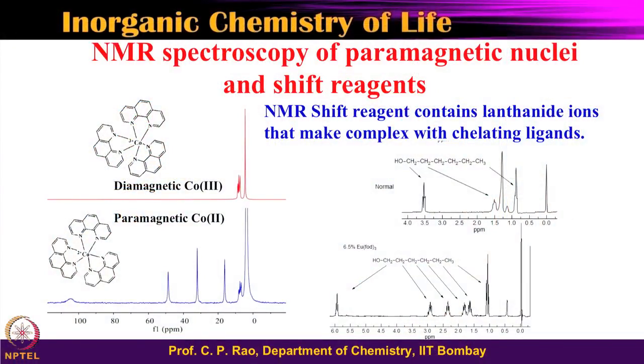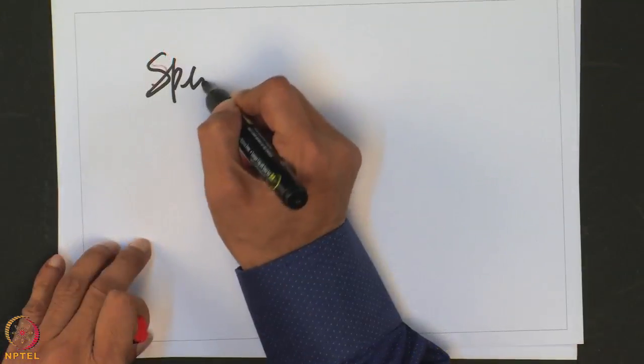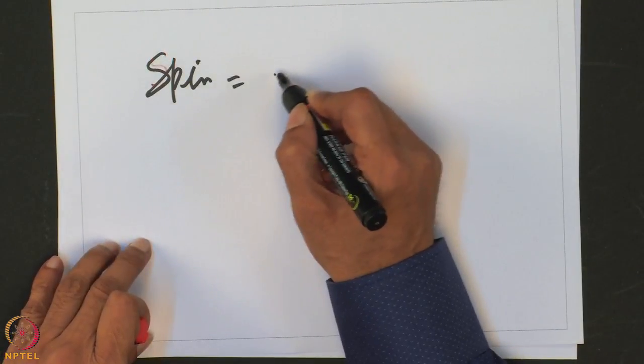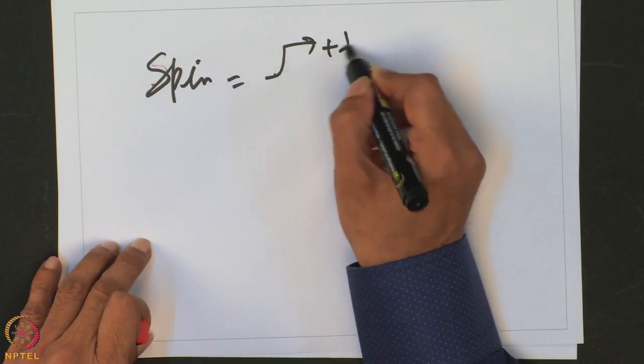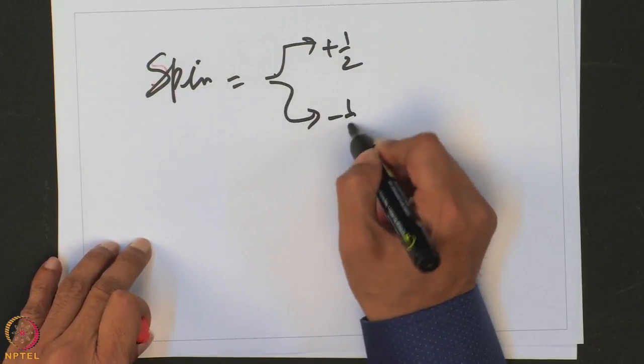We are very familiar with NMR spectroscopy. What is NMR spectroscopy? Nuclear magnetic resonance, that is, nuclear spin of the nucleus having spins of plus half. Nuclear spins can take plus half and minus half too.